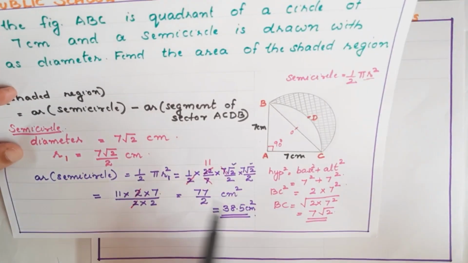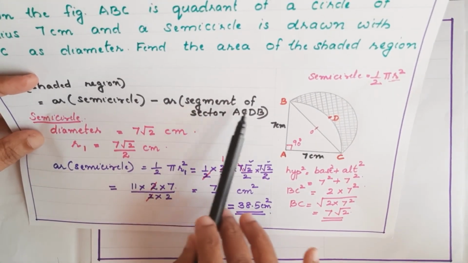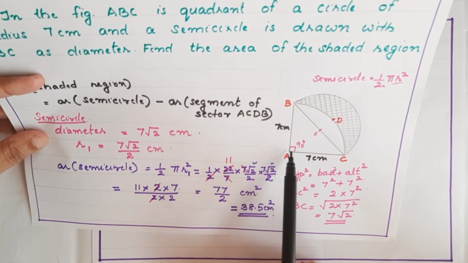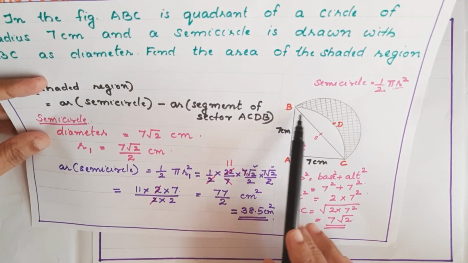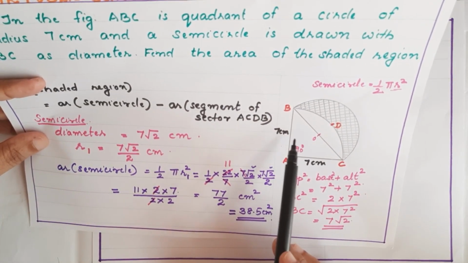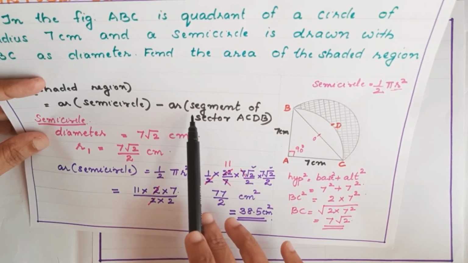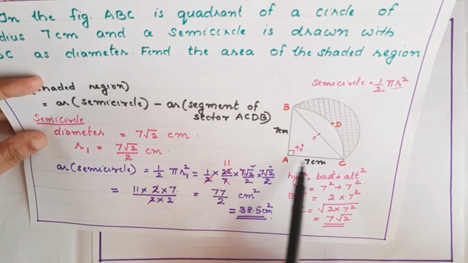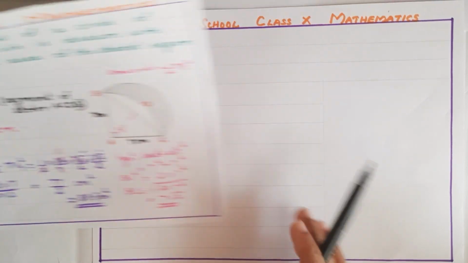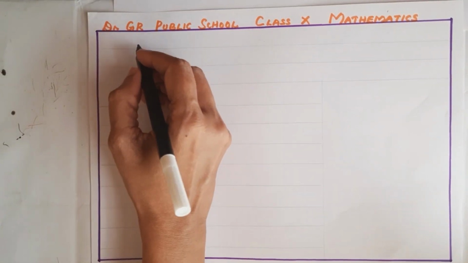Okay. Now actually sector means segment of sector ACDB means our quadrant, isn't it? This is a quadrant. Okay. So we have to find out the area of segment using the area of this quadrant. So how will you get area of segment? We know the formula.